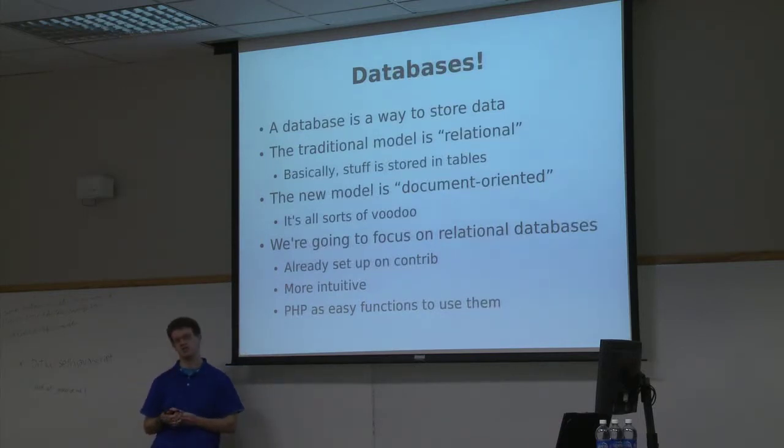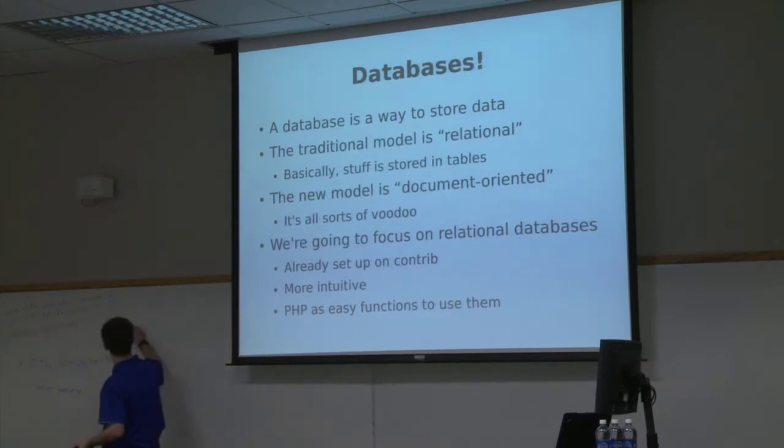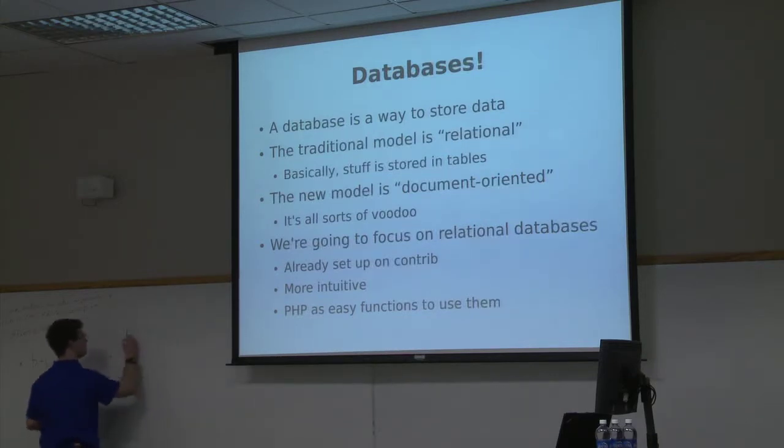You have a table of information. The table has some headers, so actually we can draw. Let's say we want to keep track of everyone in CMU in a table. We can make a table, and we can have the first column be their Andrew ID. And then the second column can be their first name.